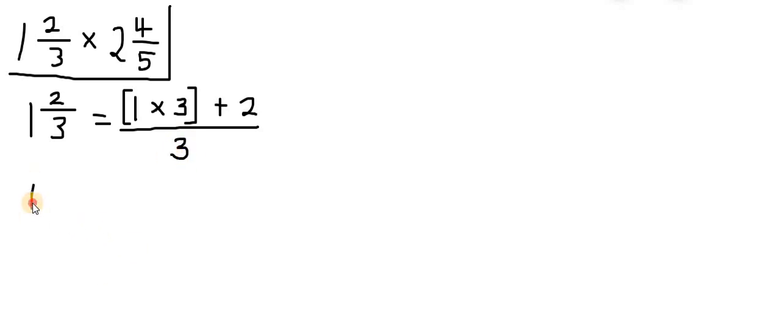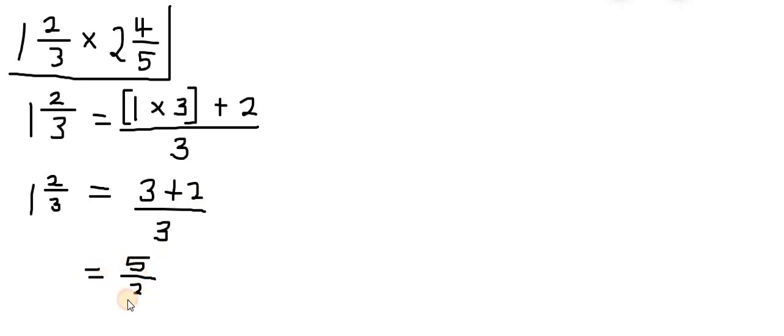Okay, so 1, 2 over 3 as an improper fraction is 1 times 3, that's 3, and then plus 2 over 3, that's equal to 5 over 3. Okay, 1, 2 over 3 is the same as 5 over 3 as an improper fraction.